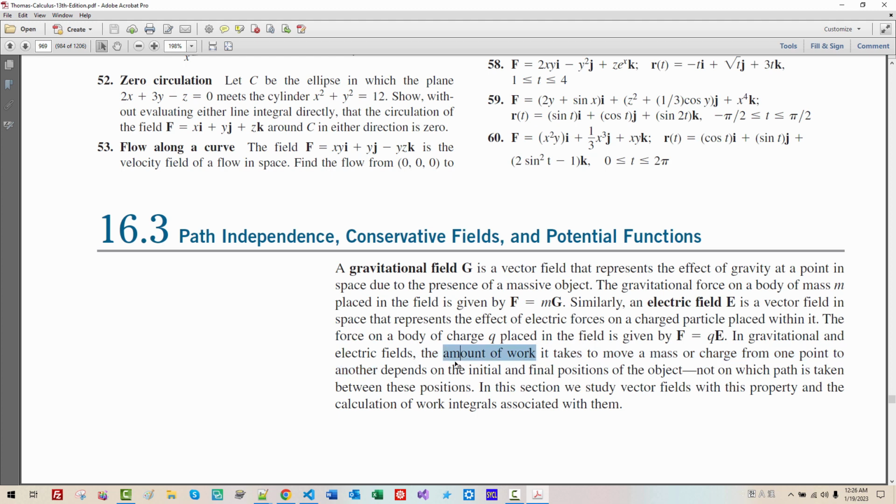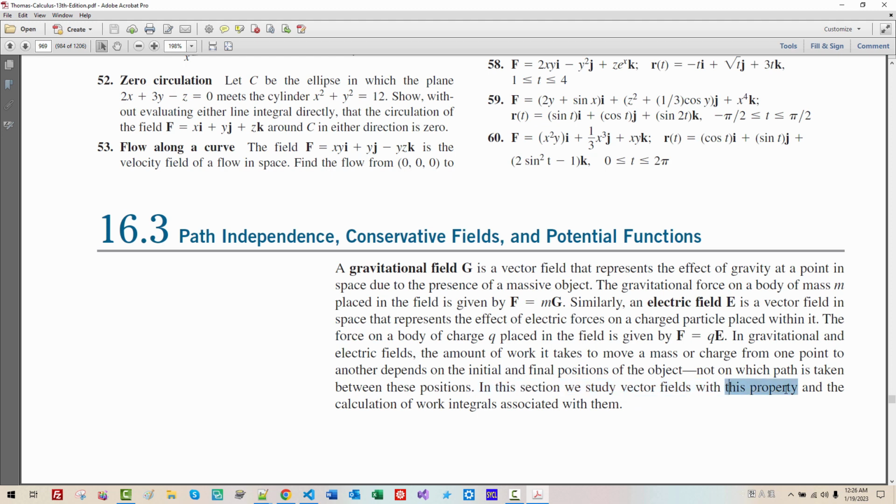The amount of work, it means energy, depends on the initial and final positions, not on which path is taken. In this section, we study vector fields with this property.